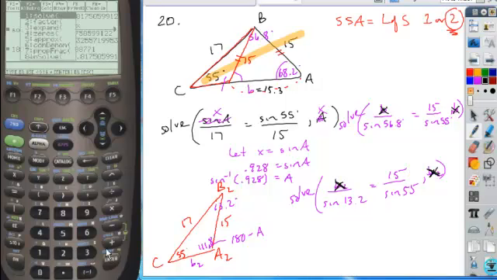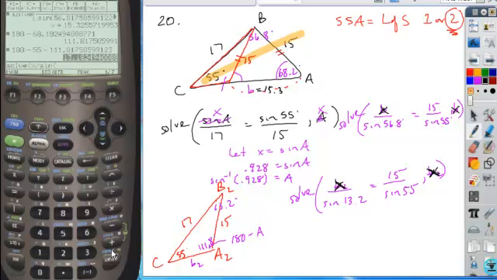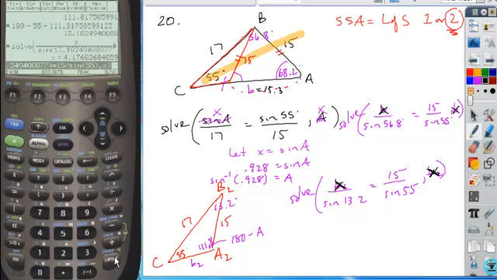When I calculate it, F2 algebra tab, X divided by the sine of the angle 13.2, set that equal to the known ratio 15 divided by the sine of 55, comma X tells the calculator that I'm solving for the measure. 4.2 approximately would be the length of that last side.